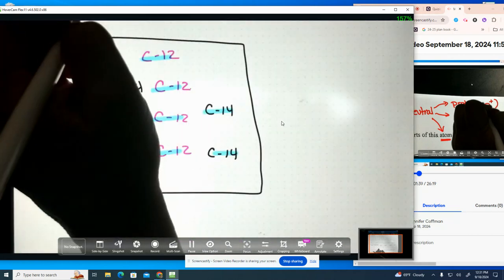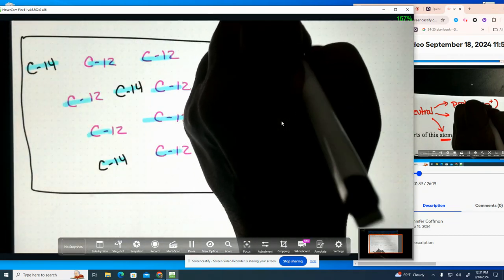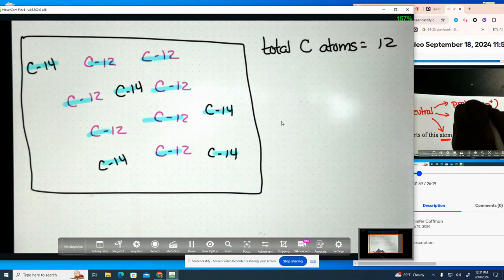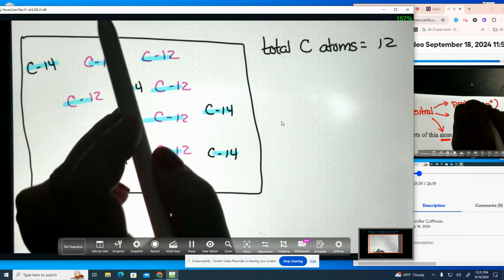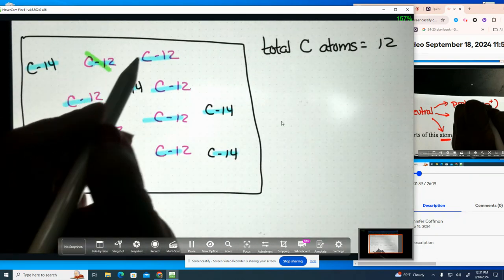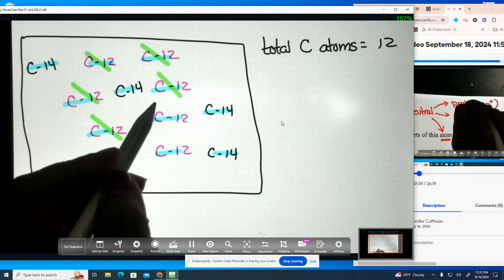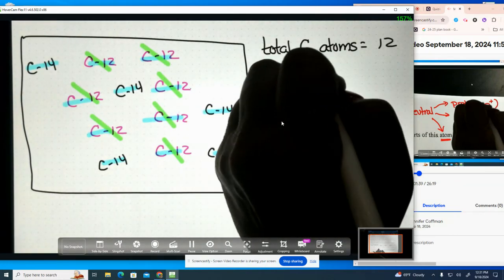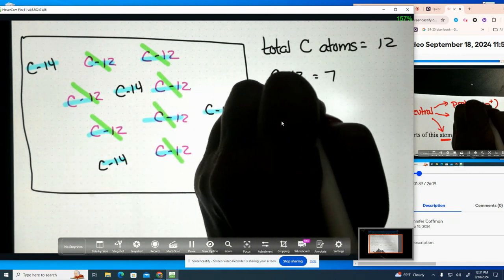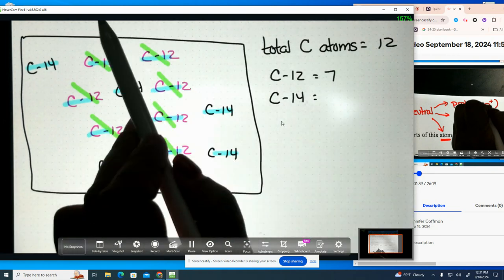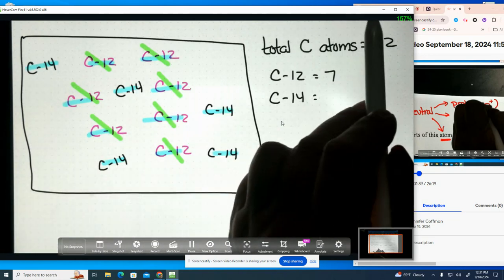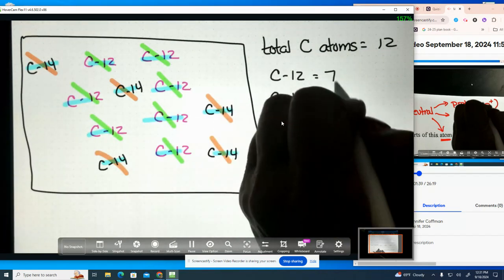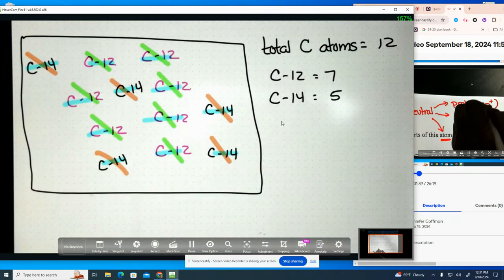That's the total number of carbons. And 7 of them are carbon 12s. How many carbon 14s do I have? I had 5. That makes sense because they add up to 12.